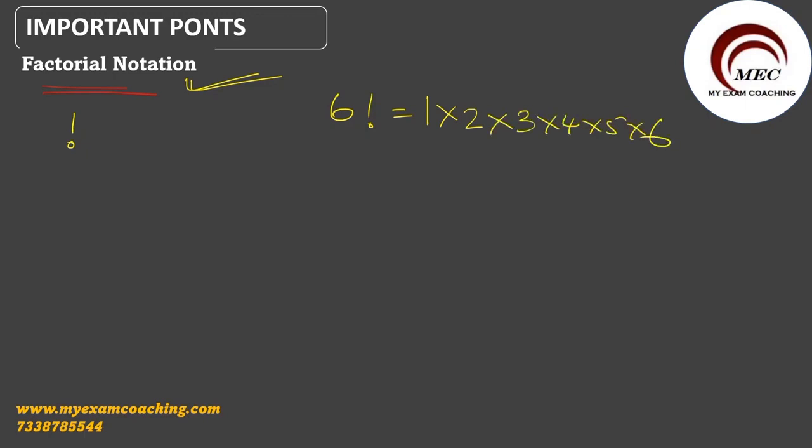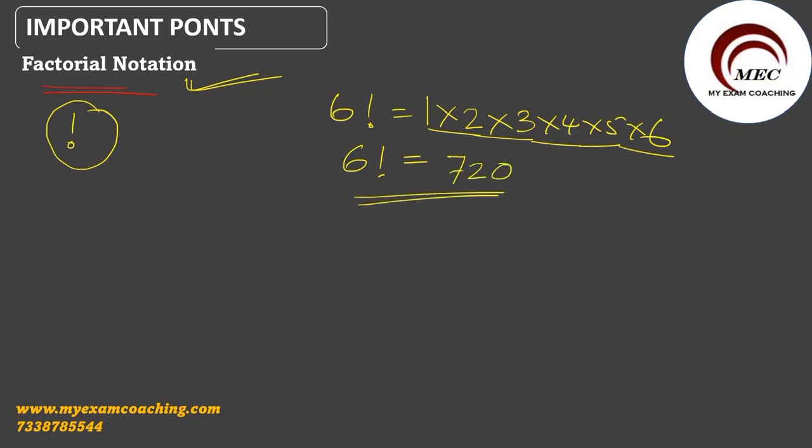Whatever answer comes from multiplying all these numbers will be equal to 6 factorial. This symbol is called factorial. So 1 into 2, 2; 2 into 3, 6; 6 into 4, 24; 24 into 5, 120; 120 into 6, 720. So 6 factorial means 720. This we have already seen in the previous video.